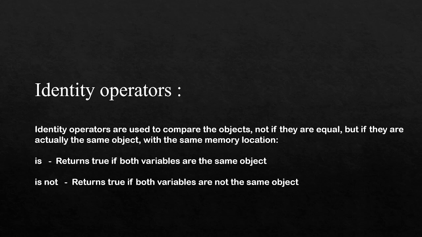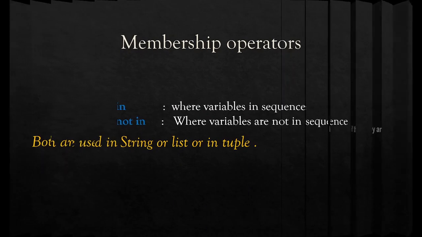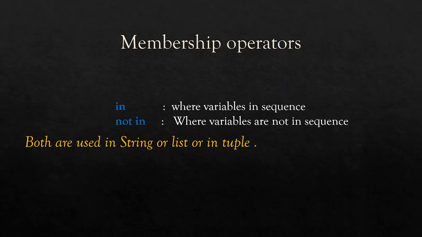If we want to check if a character or a value is present or not in a sequence, that is in a list, tuple, or string, we can use the membership operator, that is in and not in. And if we want to check if two variables or two identifiers are sharing the same memory location or not, we can use the is operator, that is the identity operator.